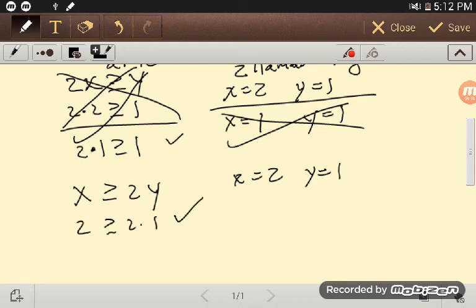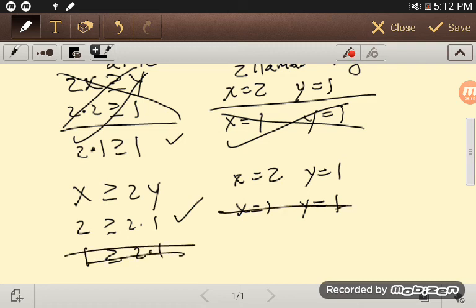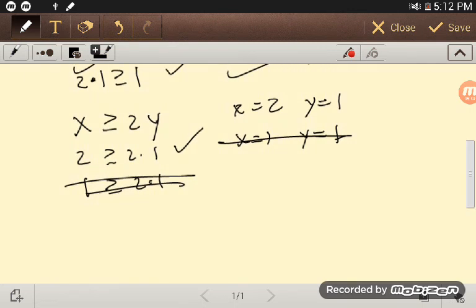That's true. But if I have x equals 1, y equals 1, it no longer works because I'll have 1 greater than or equal to 2 times 1. Nope, that's wrong. That didn't work. And we can try lots of other things.